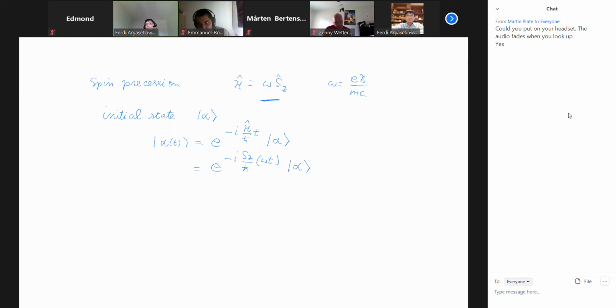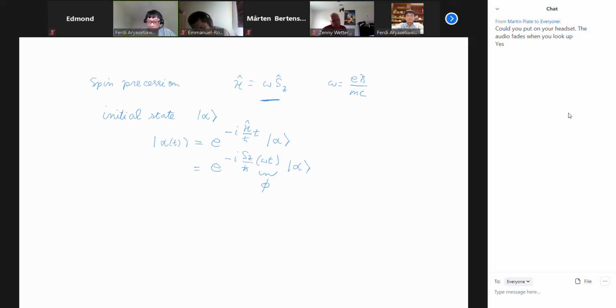But we can also think of it as a kind of rotation in spin space. If we think of this omega t as some angle phi, then this is just equivalent to rotation of the spin state by angle phi, which is equal to omega t, around the z-axis.